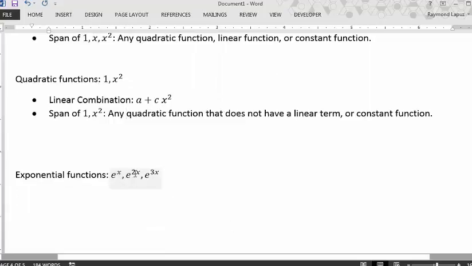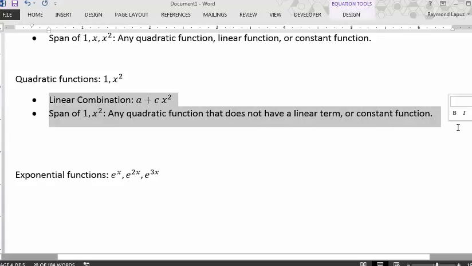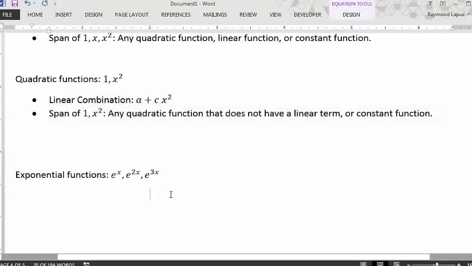So our last example for functions would be this. It doesn't have to be polynomials. These are examples of exponential functions. So let me just copy this. Well, let me just do it on my own here, I guess.